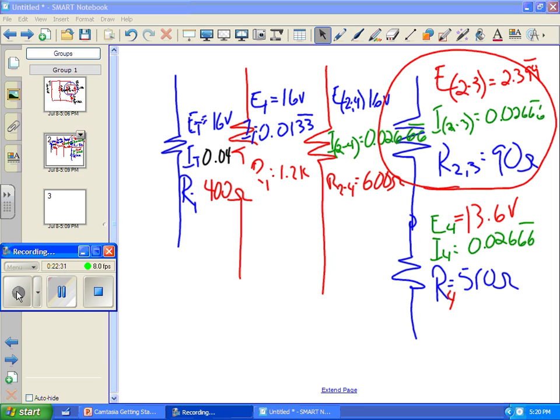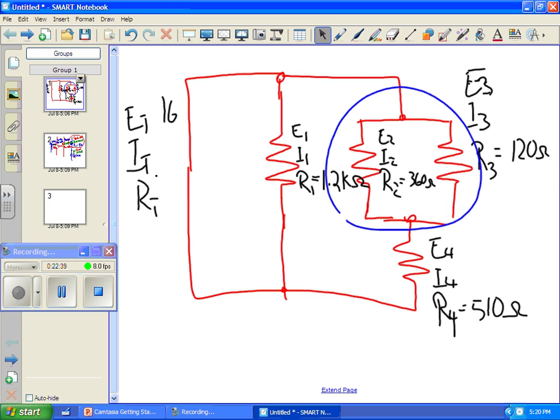Okay, so our total voltage is 2.399999 volts for our parallel branch. Let's take that back up here. We're going to plug in 2.399 and on, and 2.399 volts down here. And now, if we divide that voltage by 360 and 120, we'll find our currents in those two branches.